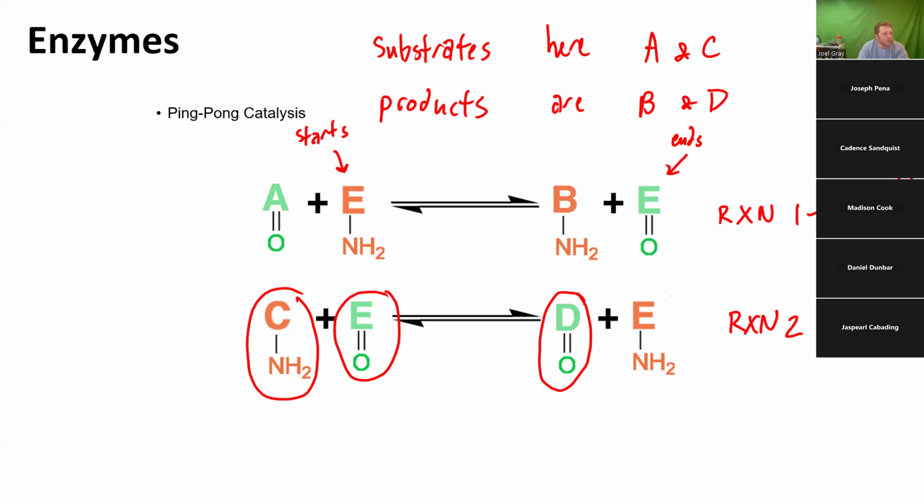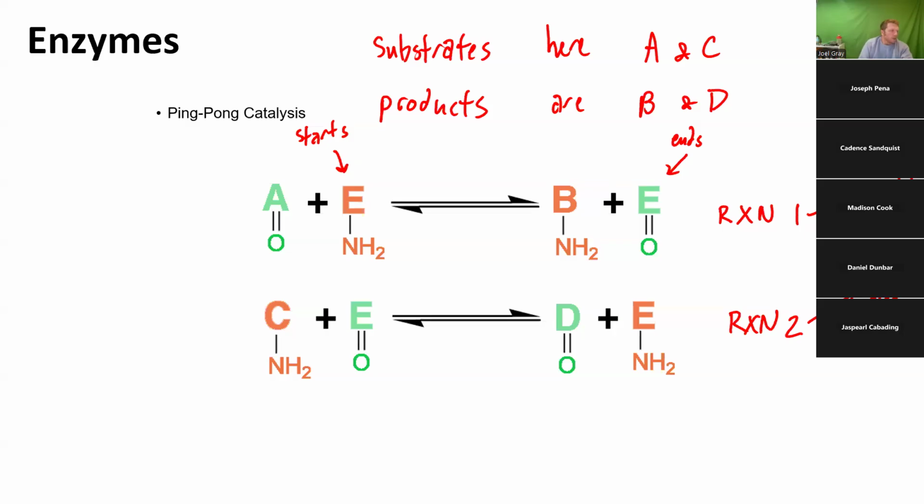And we're also going to get our aminated enzyme. Okay, so there's a couple of statements that I want you to know about this. So reaction number two releases product two.